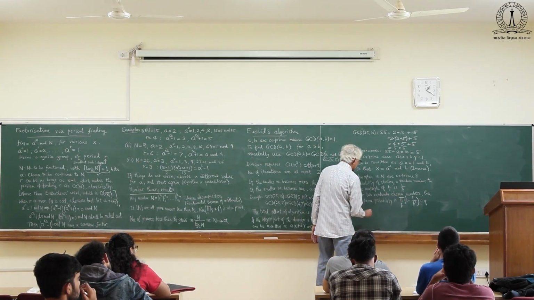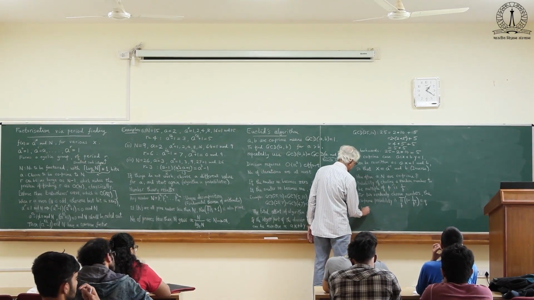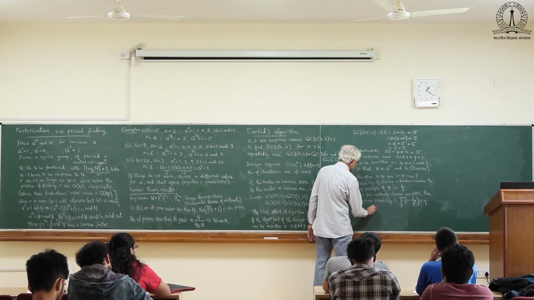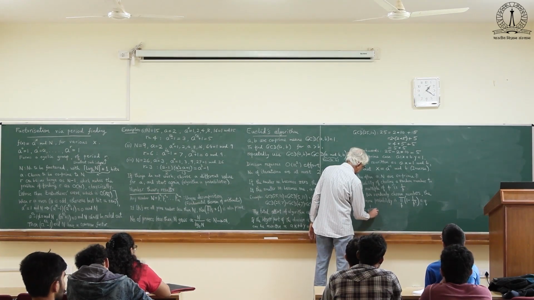So this looks kind of funny, but what is easier to evaluate is 1 over q, that is the product over p.